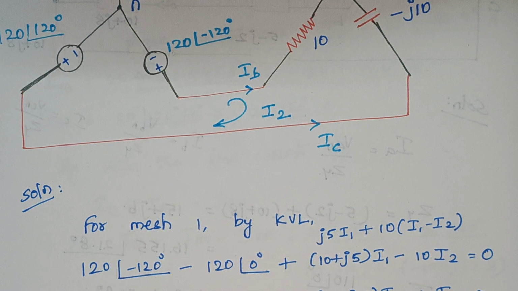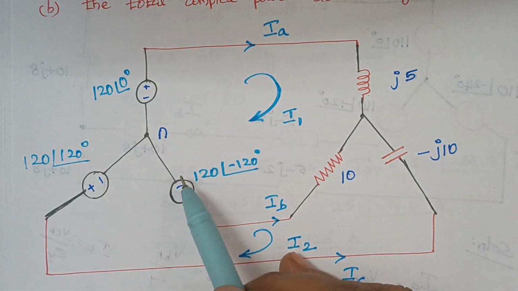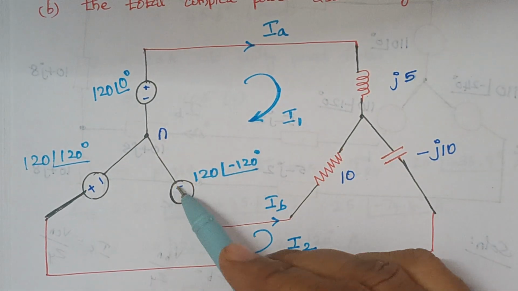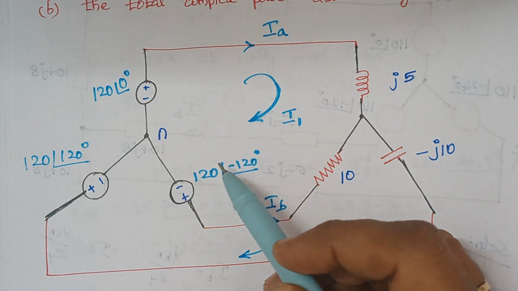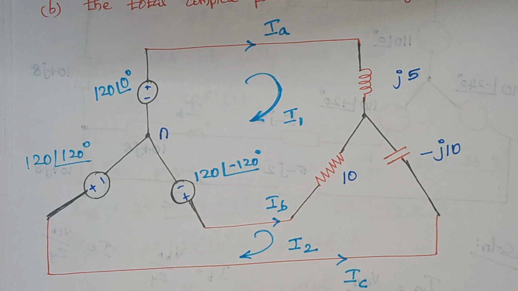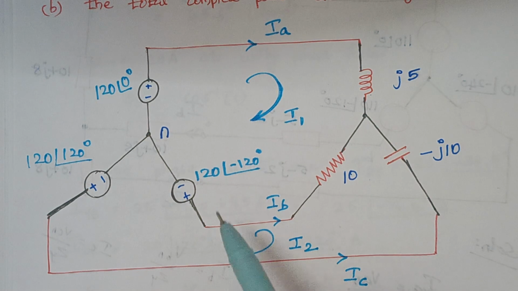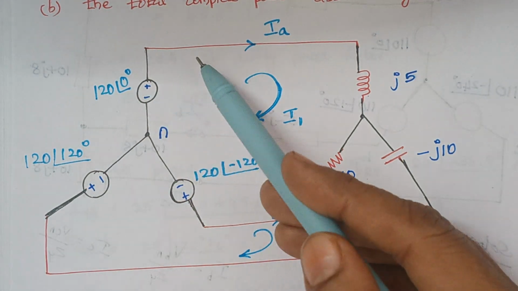This is your direction of current flow, right? So here plus to minus is taken as positive, and minus to plus is taken as negative, and again it is up to you. You can take any way. So here I have taken plus to minus as plus and minus to plus as minus, right?